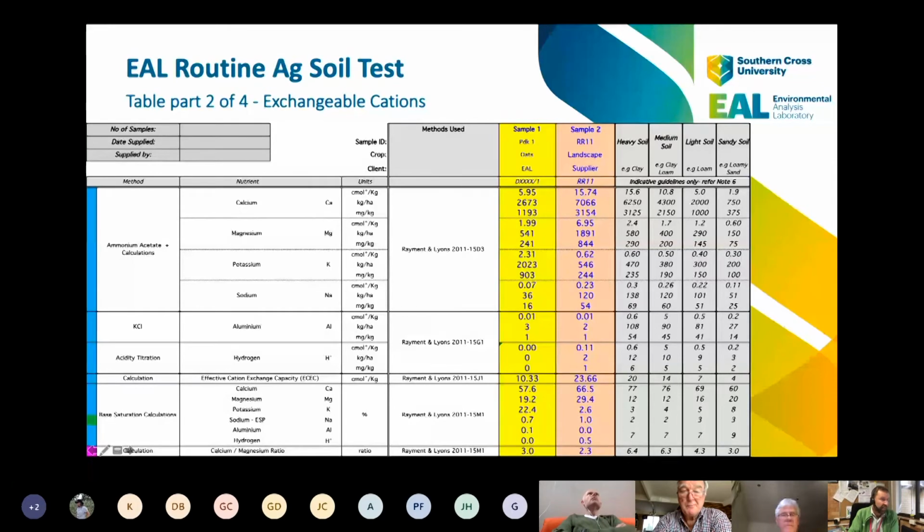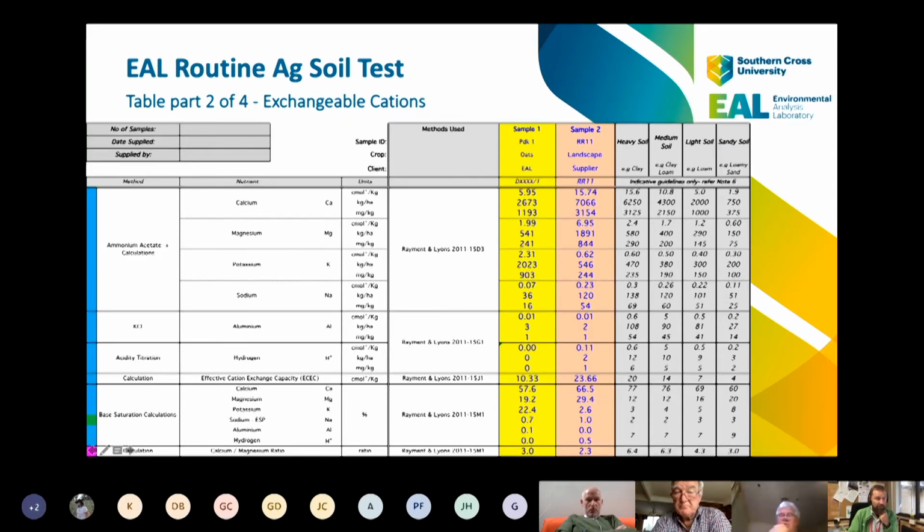It's actually just taking your calcium as milliequivalents divided by your magnesium as milliequivalents, and you can see there it's like 6 and 2, so your ratio is 3. It must be taken in that unit. Don't let agronomists or anyone else use a different unit. It must be taken in the unit that determines your effective cation exchange capacity. And yeah, when you ratio them out, you end up with 3.